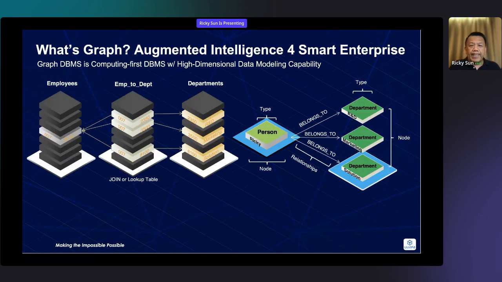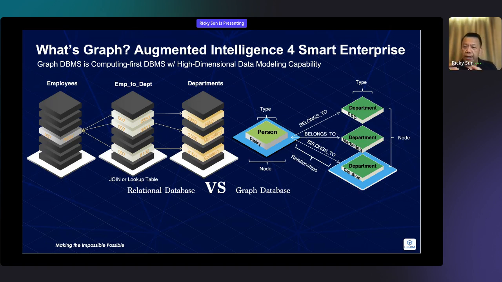So again, this is the second slide, explaining the very basic stuff in a traditional relational database. Even if you are trying to figure out which departments an employee belongs to, in a relational database you're going to need a lot of join and lookup operations.